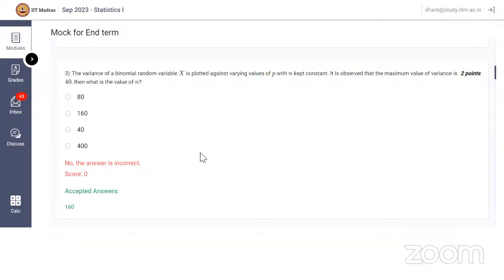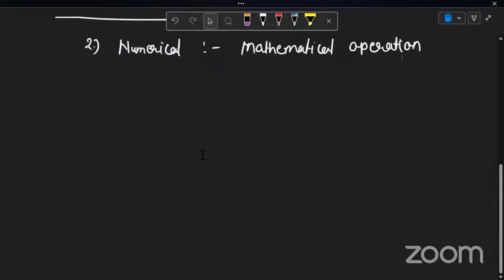How can you be very sure that the maximum value of variance will be attained when the probability is 1/2? Ma'am, it was discussed in the lecture and in the revision sessions, and it was explained there.